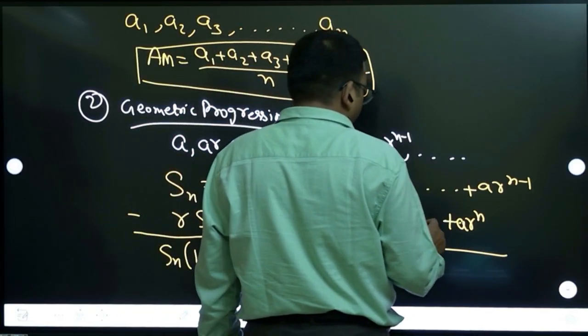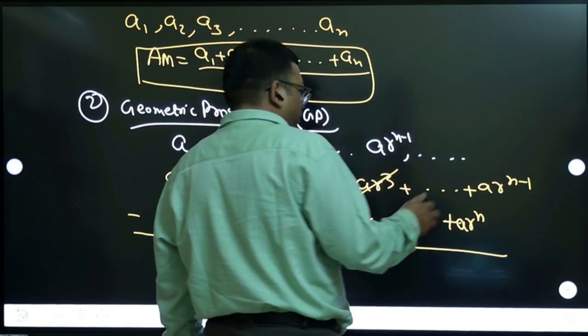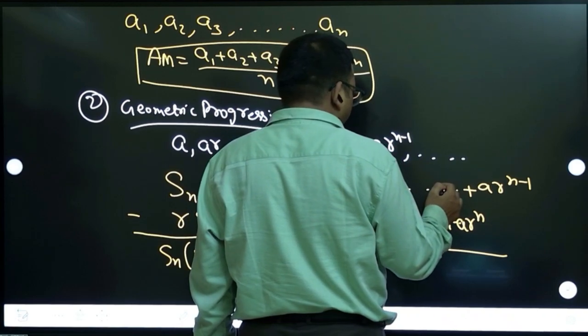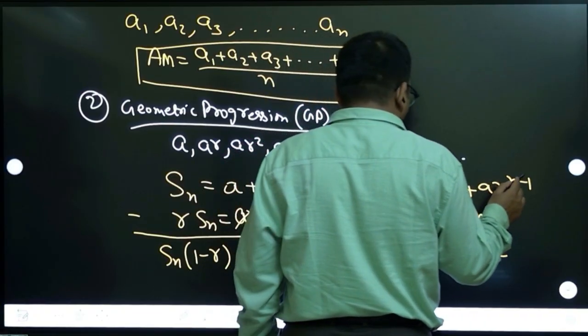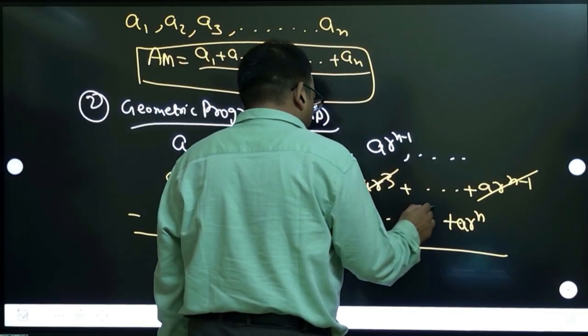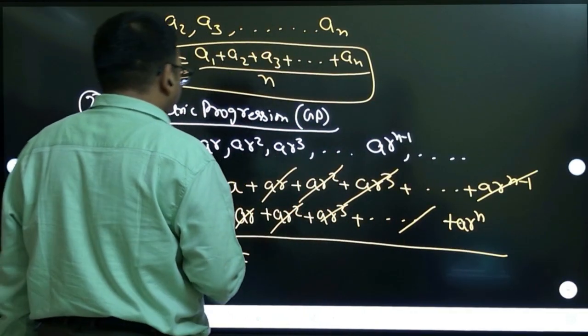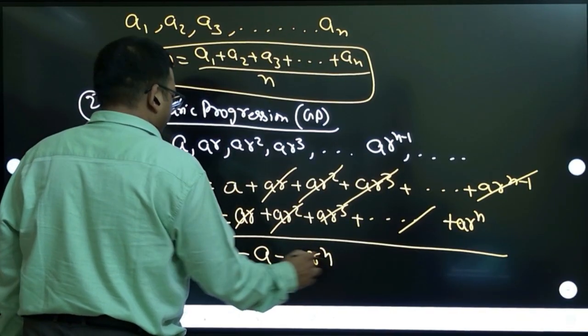Before that, the n minus 2 term was there, right? So I think all the terms will be getting cancelled. Everything will get cancelled, so the first term will remain and the last term will remain.